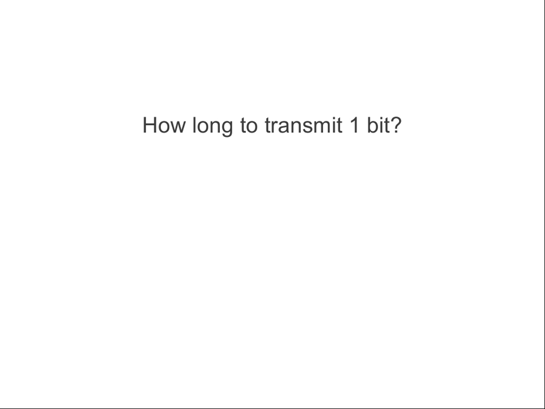We have a data rate of 500,000 bits per second, 500 kilobits per second. So in 1 second we can send 500,000 bits. Therefore 1 bit will take 1 divided by 500,000 seconds.